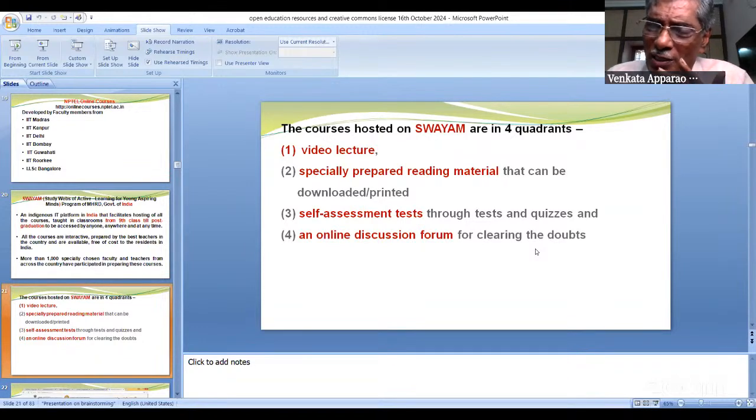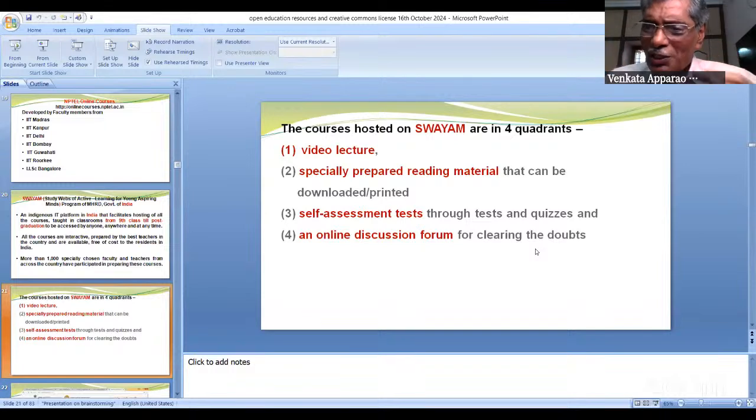So the students will go through the video lecture, watch the video, go through the printed material, and learn thoroughly. It will be prepared in a self-learning mode. Then the students will appear for the self-assessment test.